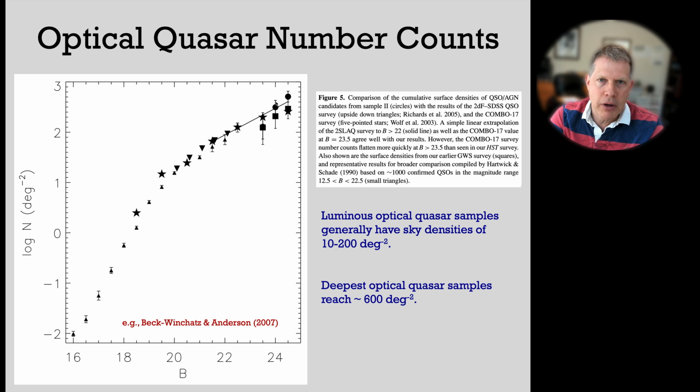And it's worth remembering that number for comparison with some measurements I'll show you from other wavelengths later on. Another notable point is that you can see there is a break in the optical quasar number counts. The slope here is steeper than the slope over here at the faint end. And of course, that has implications for AGN evolution.